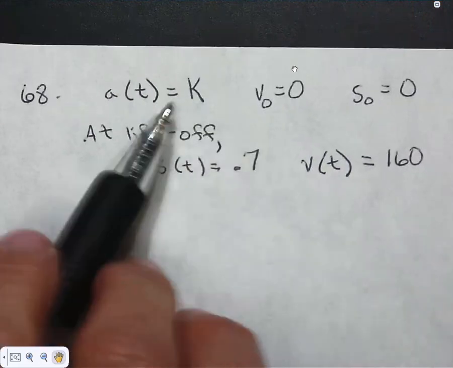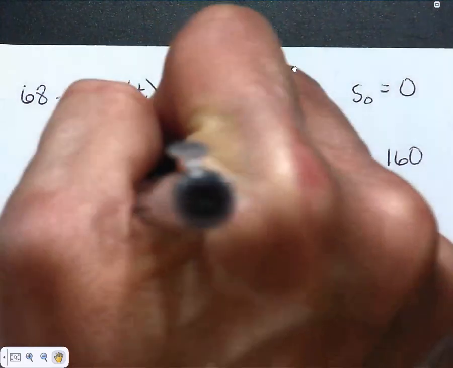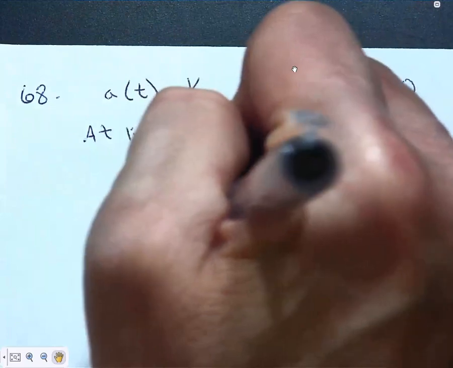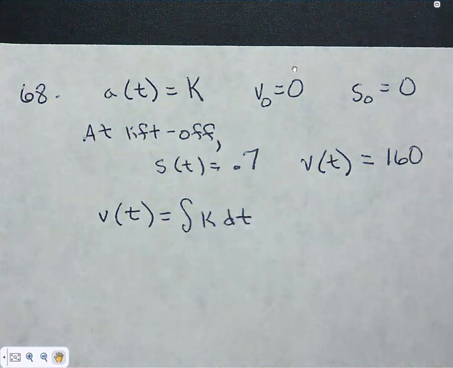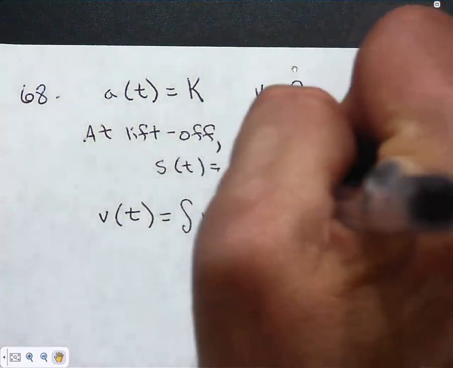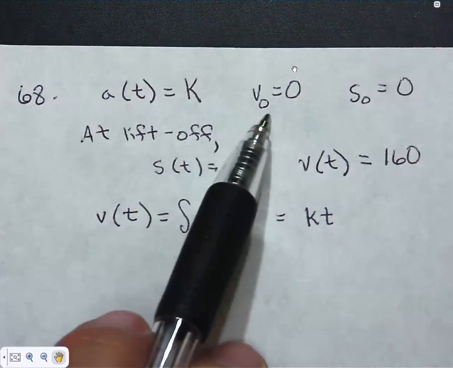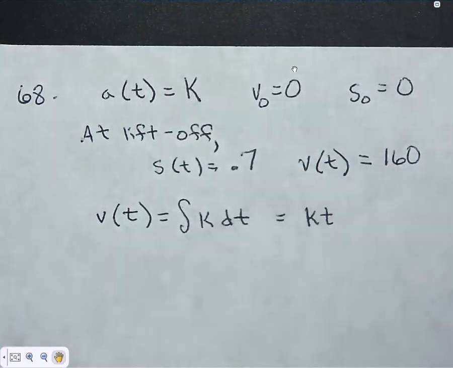I can treat that K just like it was a constant. I can anti-differentiate it. The velocity function would be the antiderivative of whatever that constant is with respect to t. And what would that be? Plus some initial velocity, but since we know the initial velocity is 0, I'm just going to save us a step and not write down the plus 0.